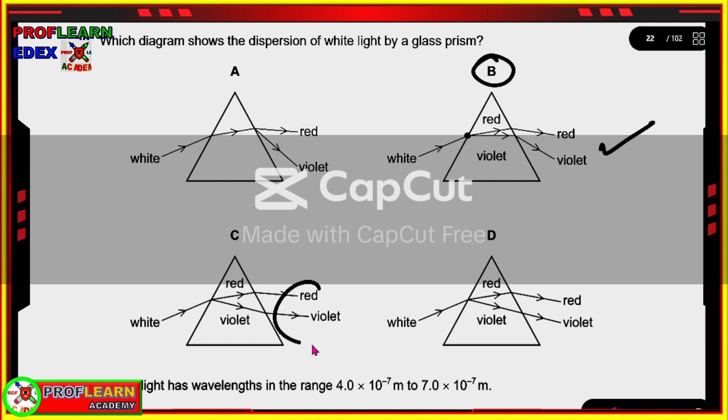This one is wrong because these two rays are parallel, which is not true. This is wrong because it is not refracted, just moving straight. This is not correct, and also there should be a refraction taking place at this point.